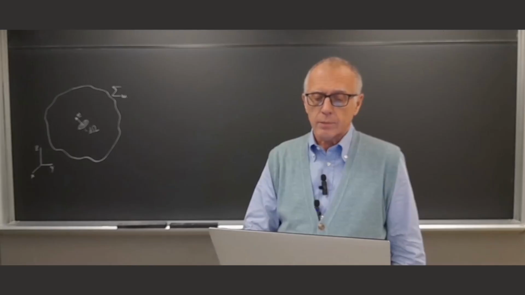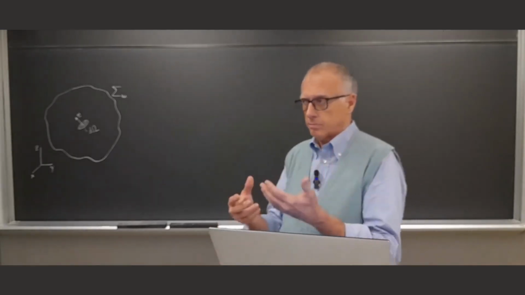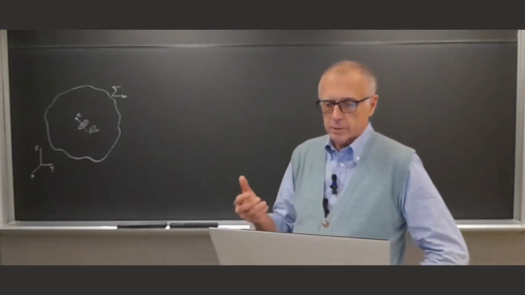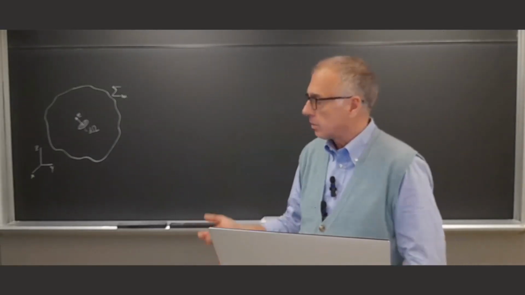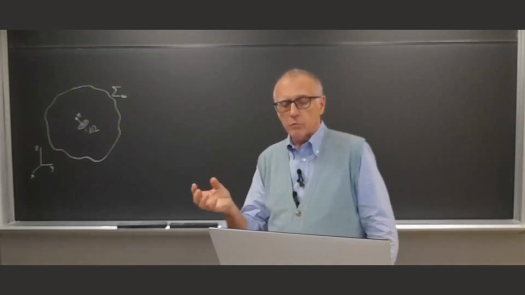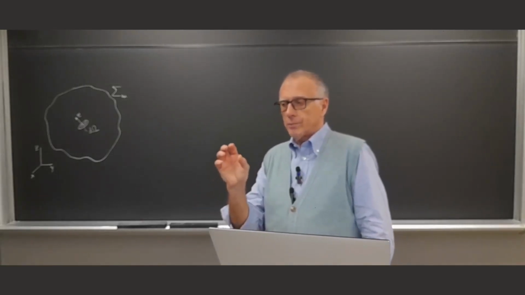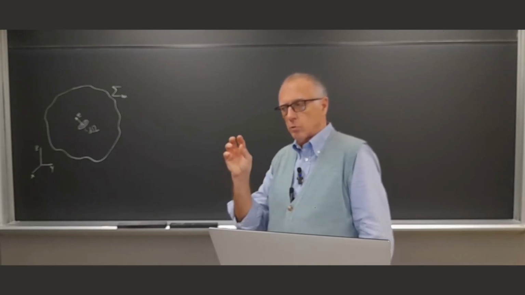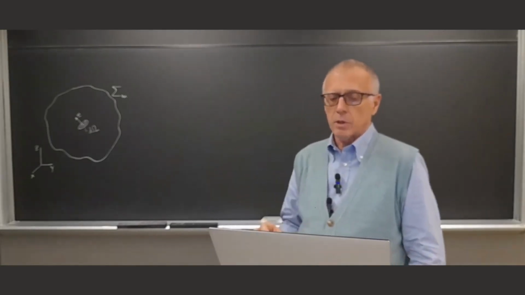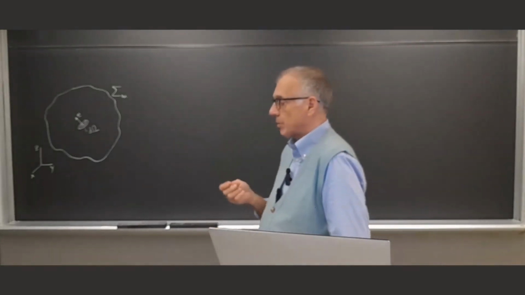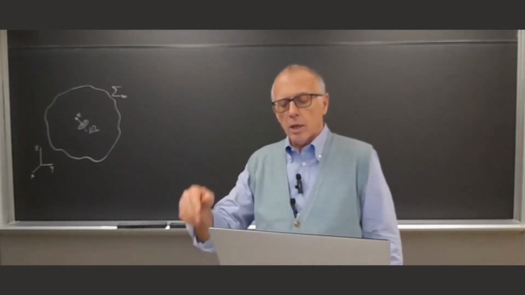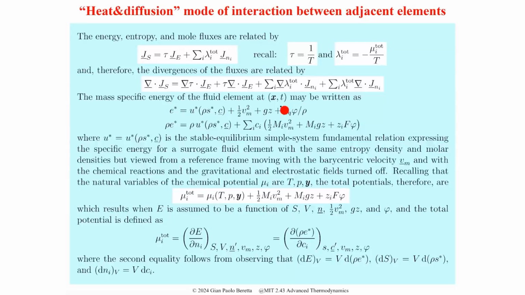One is the internal energy, proper of the stable equilibrium state, that is underlying, that is there, that would be the only thing if we view our fluid element from a reference frame that moves with the barycentric velocity, and therefore with respect to that reference frame there is no kinetic energy, and also an accelerated frame where you don't also see the potential gravitational energy. And then here you have the additional contribution for the electrostatic energy.